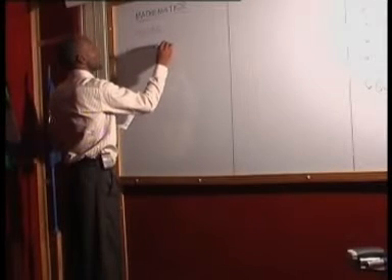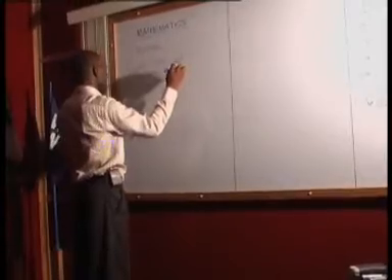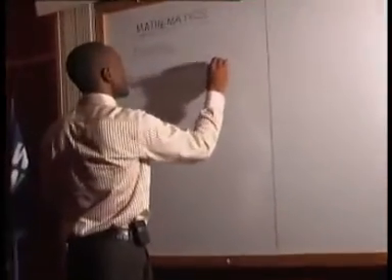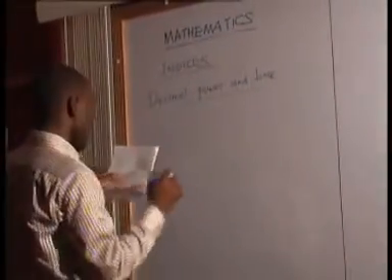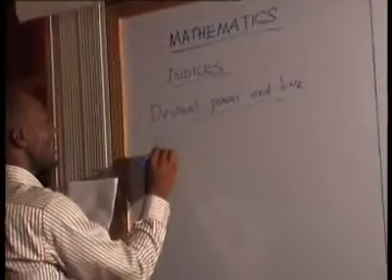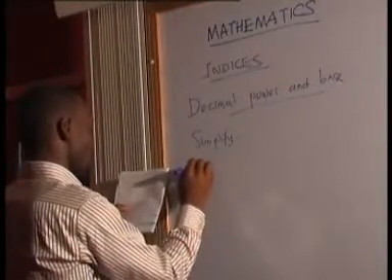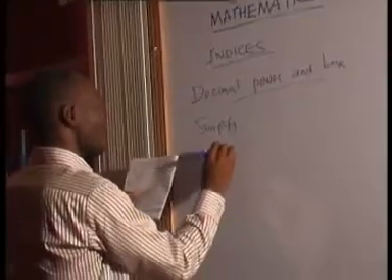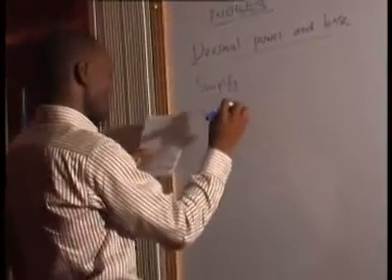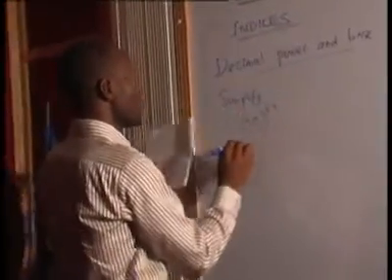So we'll move to decimal powers. So decimal power and base. So let's look at some quick examples. Simplify. The first one, you have 32 raised to the power 0.2.